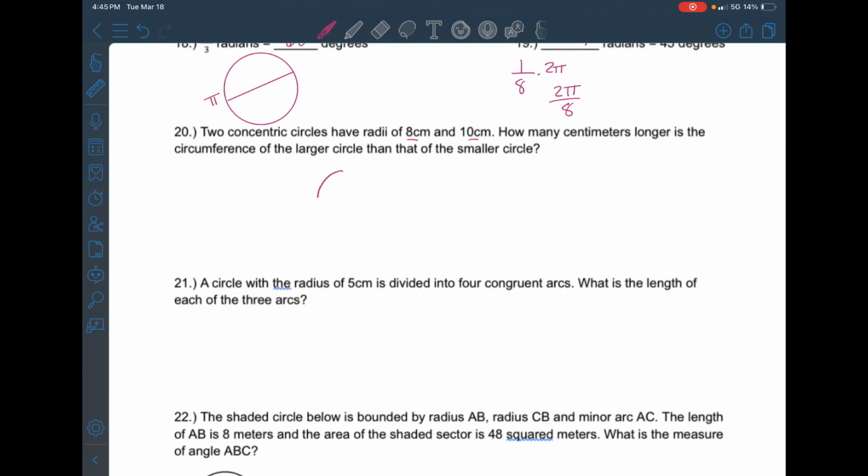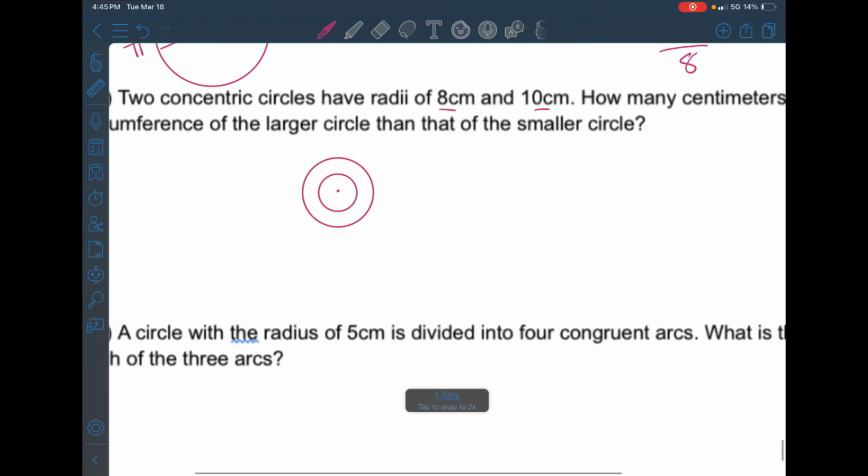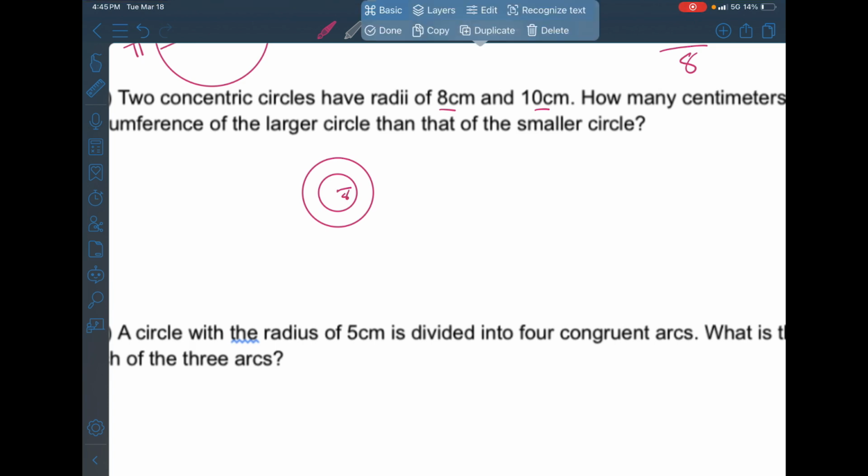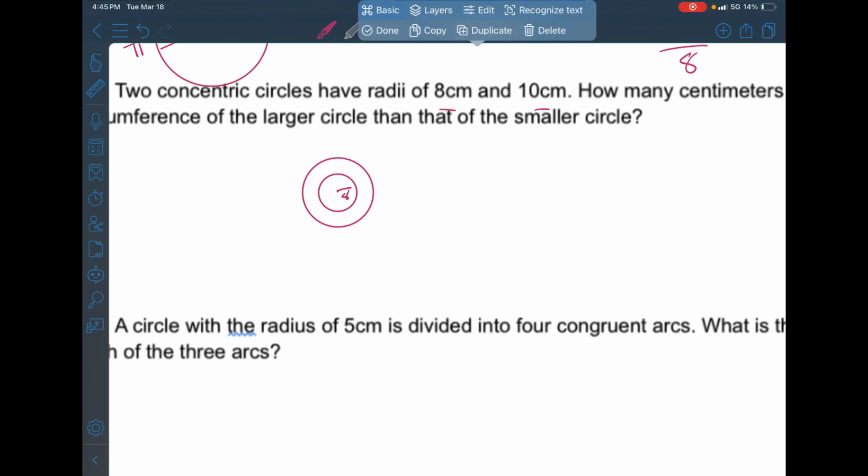So concentric means they share the same center, so if we zoom in, and one is 8 and the other one is 10, this whole thing is 10.